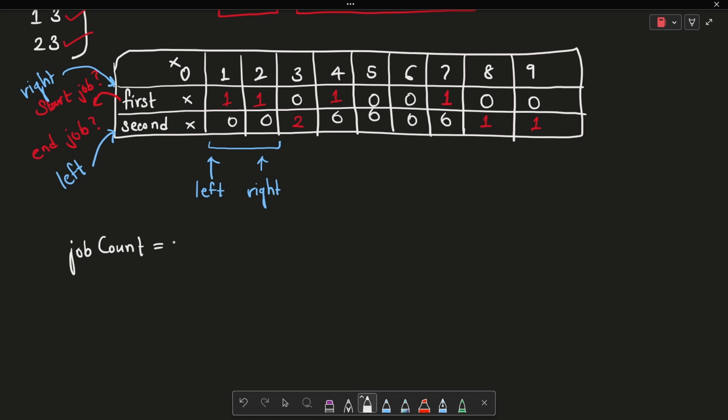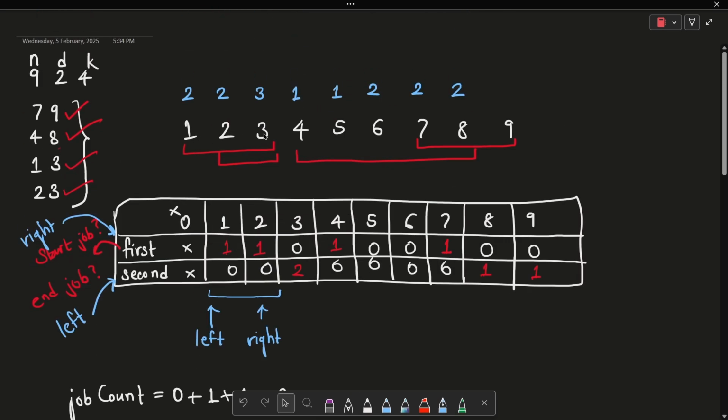It was initially 0, and my right was initially here. What was the count of the first element of the first pair? It was 1, so increase the count by 1. Then it got to the second index, and the first element of that pair was again 1, so add 1 to it. So I have 2. For days 1 and 2 I have 2 distinct jobs, and that is what I have here.